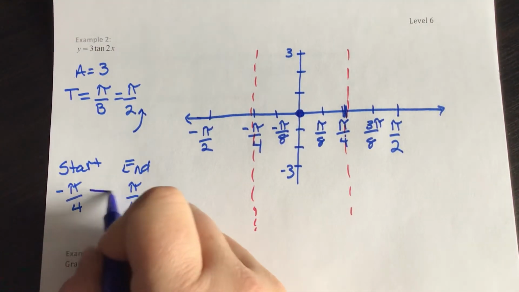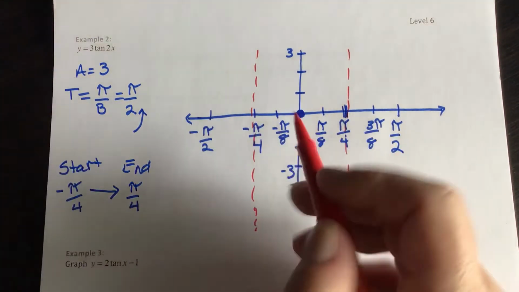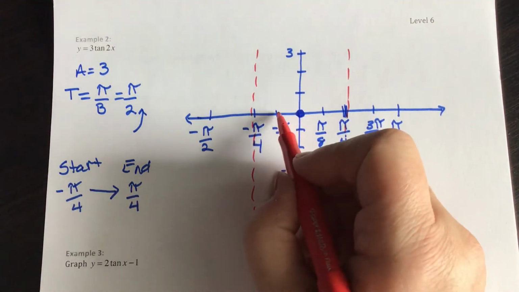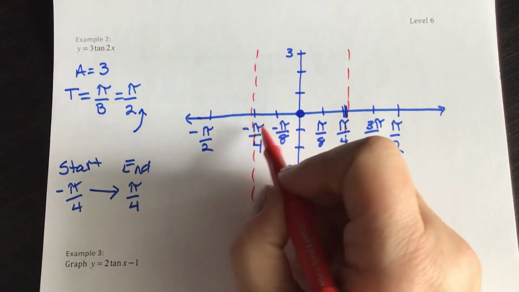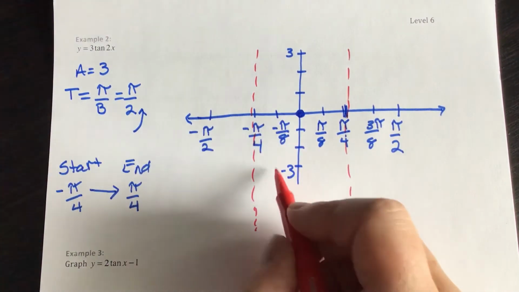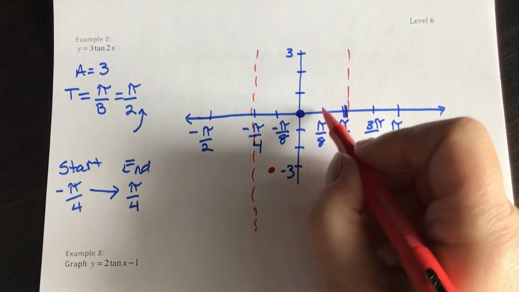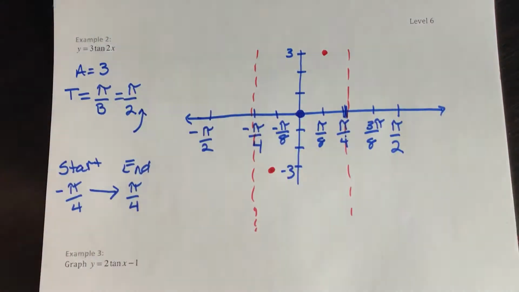So I'm going to go from negative pi over 4 to pi over 4. At this first point here, halfway in between 0 and negative pi over 4, I'm going to have a negative 3 as a point. And here I'm going to have a positive 3.